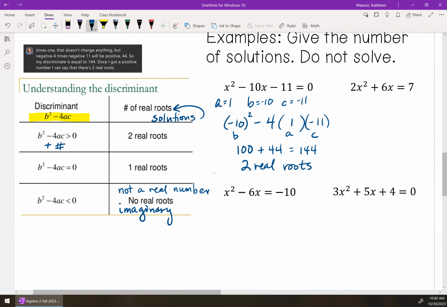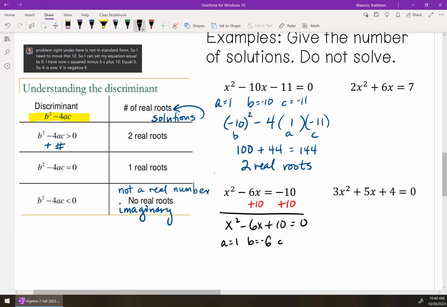The next problem right under here is not in standard form. So I need to move this 10 so I can set my equation equal to 0. I have now x squared minus 6x plus 10 equals 0. So A is 1, B is -6, and C is 10.